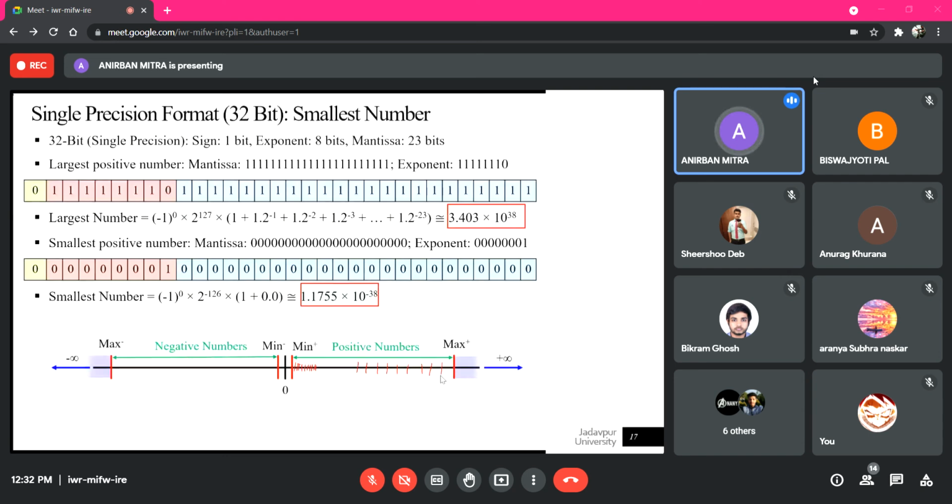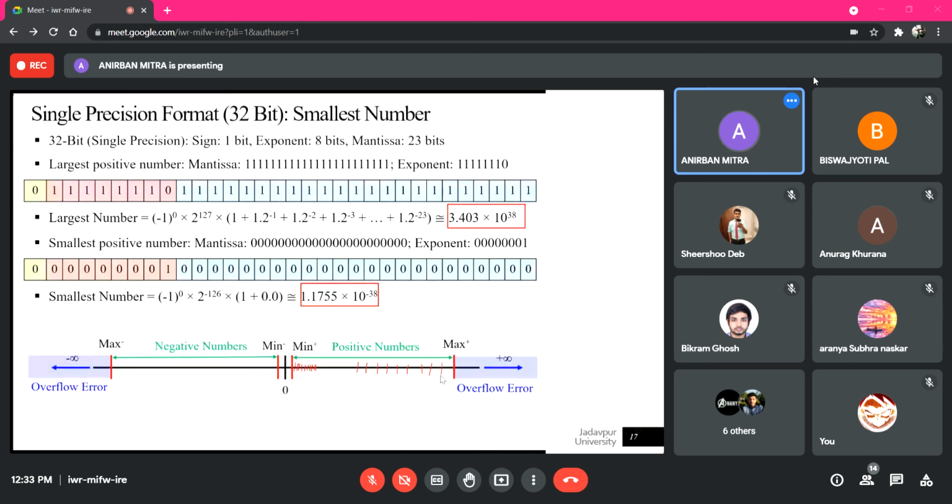Any number in these regions would cause an overflow error because it is larger than the largest number possible to be represented through this single precision format. Same thing happens in the negative direction as well.